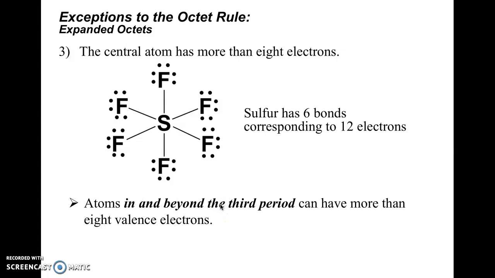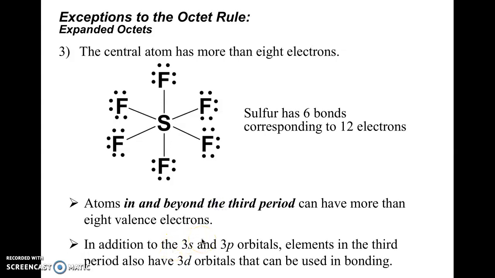So this is only going to apply to atoms that are in the 3rd period or beyond. And that is because they have not only 3s and 3p orbitals, which would hold 8 electrons, but they also have 3d orbitals that can be used in bonding, even if they're not used just to build the atom.